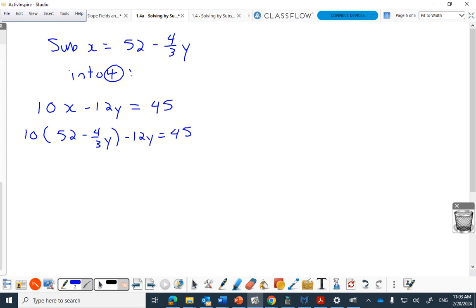I'll let you stare at that for a second. So you can see that it's the same thing that I've been doing. But there's some scariness here. When I multiply out the brackets, I get 520.